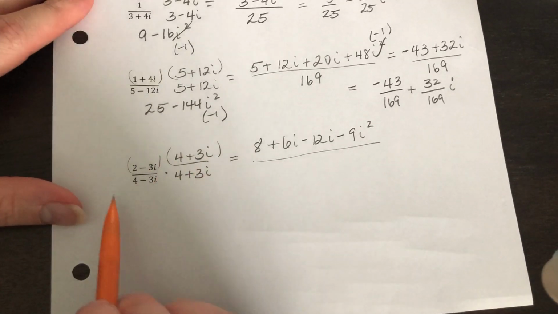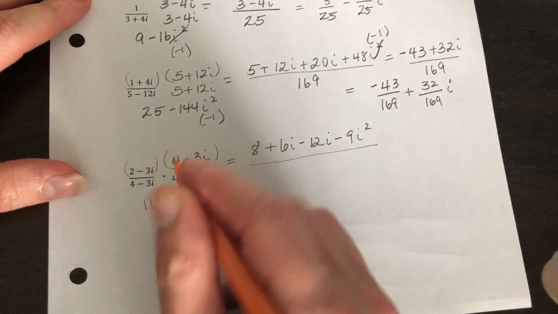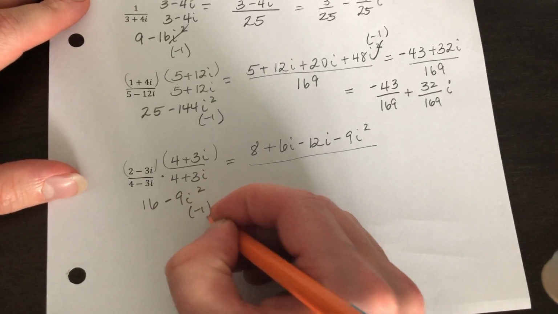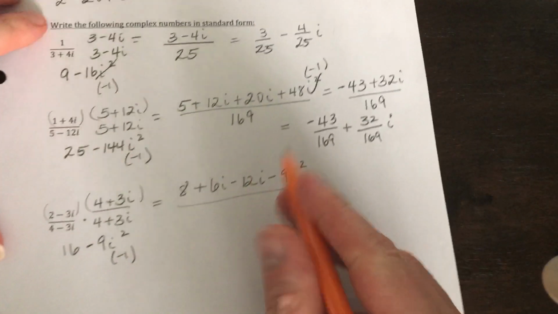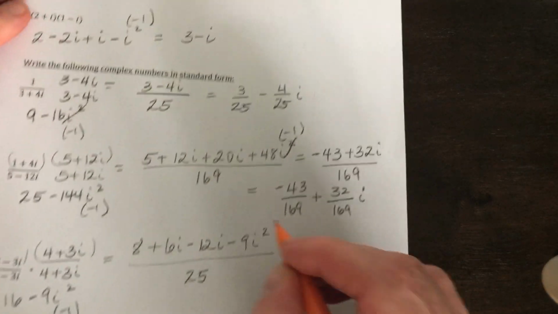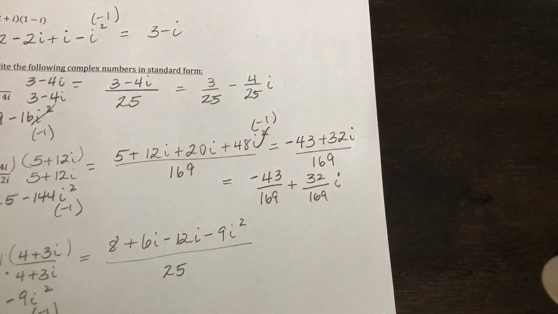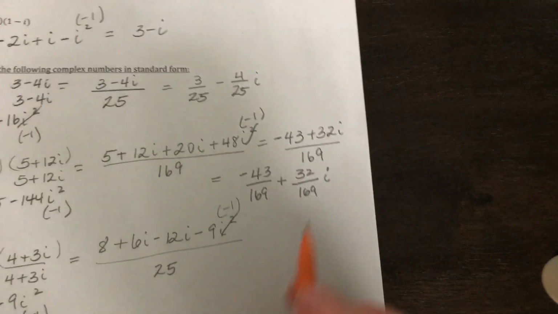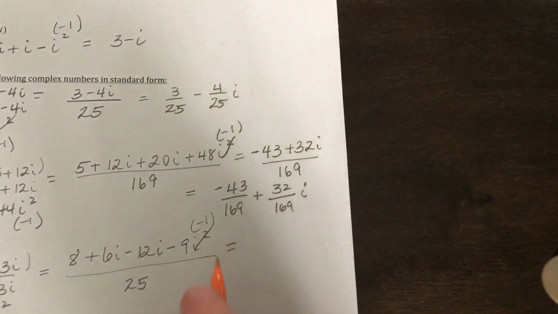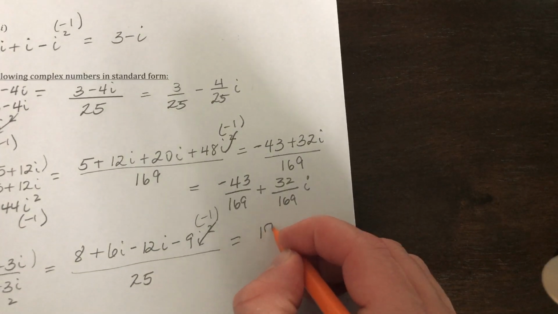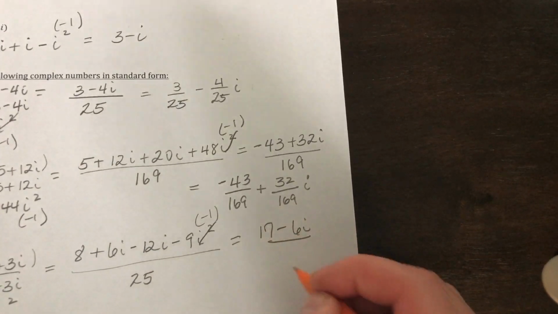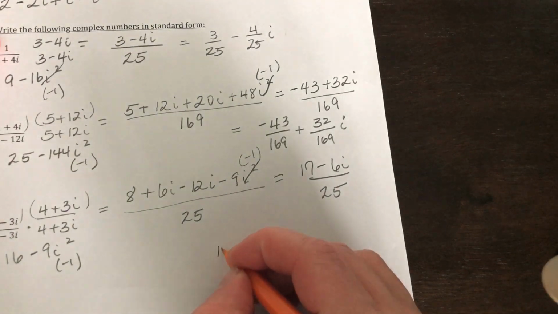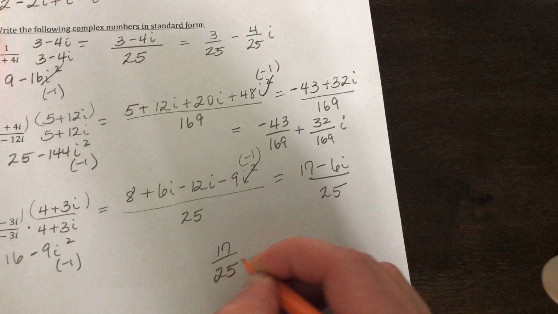It's going to be a difference of squares, so 4 times 4 is 16 minus 9i squared. i squared is a negative 1, so this becomes 25 on the bottom. This i squared on top, we're going to make a negative 1. So combining our like terms on top, you get 17 minus 6i over 25. And if you want to split it up, you can.